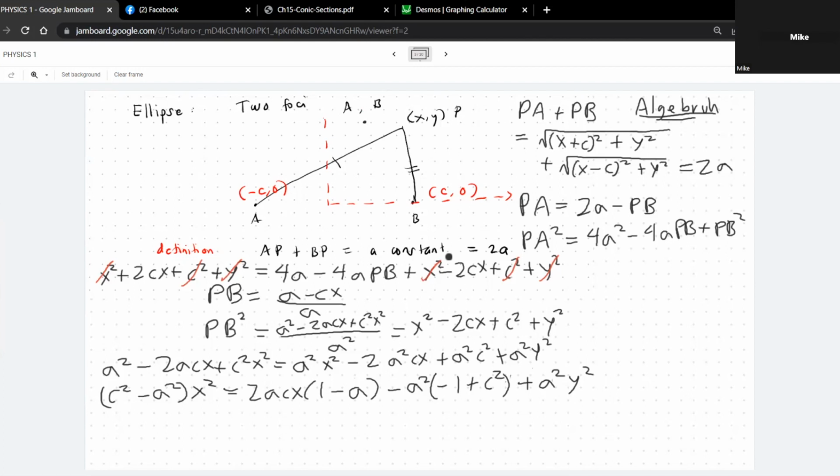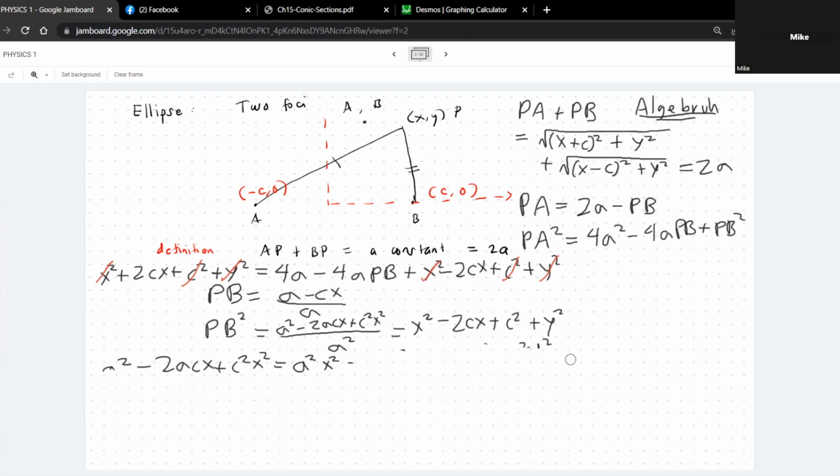Ganito, bulahin mo ulit. Tapos, wag ka munang mag-simplify ng x plus c square at saka x minus c square. Leave it in squared form. Tingnan natin kung mas madali ba yung buhay.